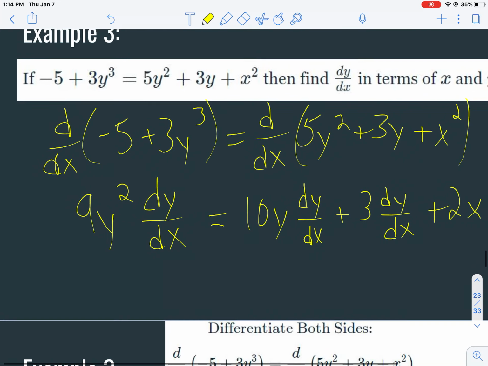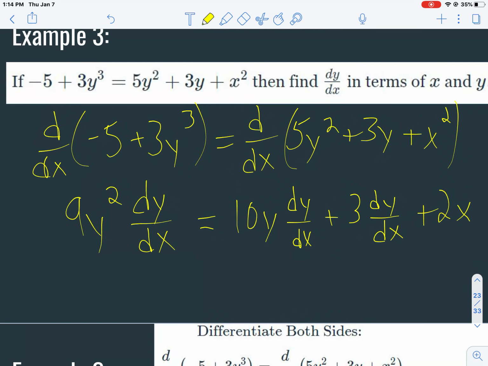I wrote too big. So I'm gonna abbreviate. I'm gonna put the 2x on this side, okay? And I'm gonna subtract 9y squared dy dx.